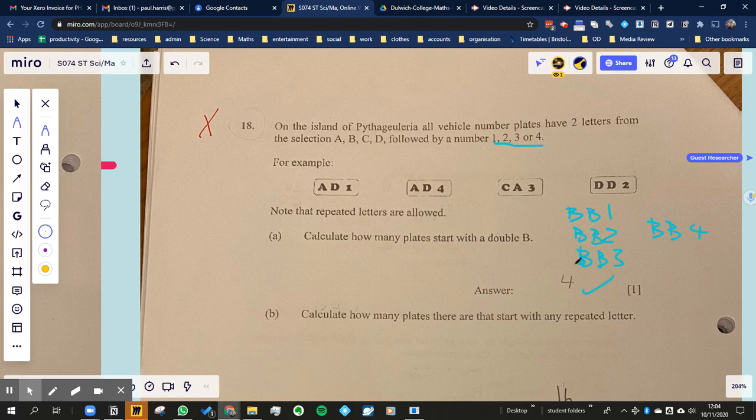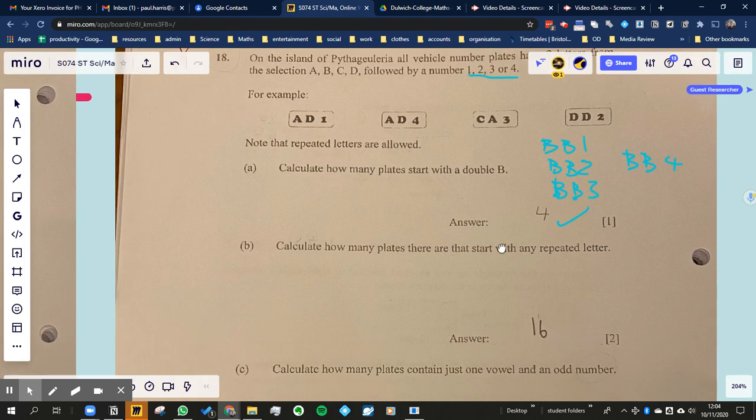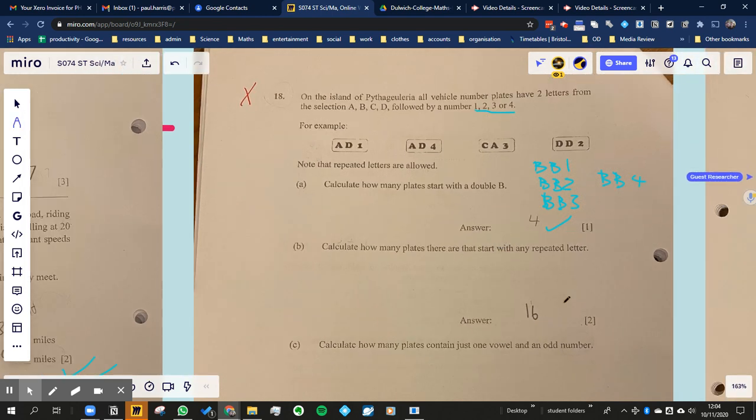Okay. Now later on, this kind of topic can get really complicated, but this is just an introduction to it. Calculate how many plates there are that start with any repeated letter. This one looks like it's going to be a bit harder.